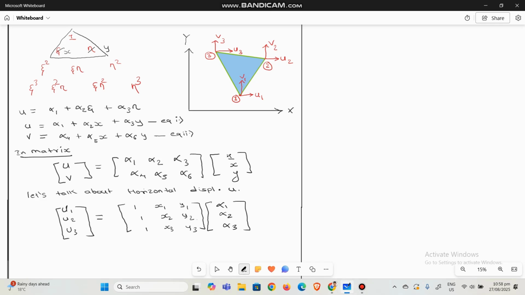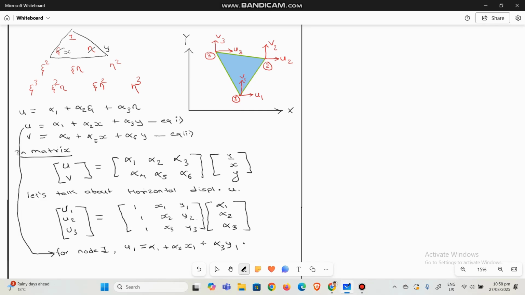So don't get confused that we just substituted for node 1. For node 1 what we did is instead of u we put u1, and alpha 1 plus alpha 2 times x1, plus alpha 3 times y1, which is the y coordinate for this.